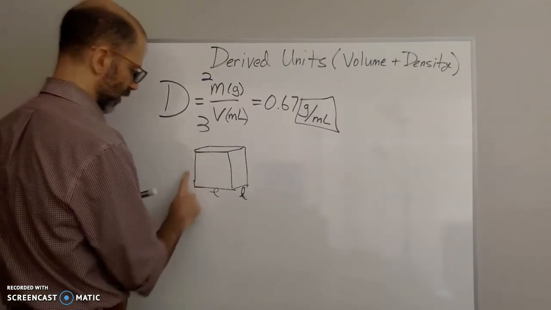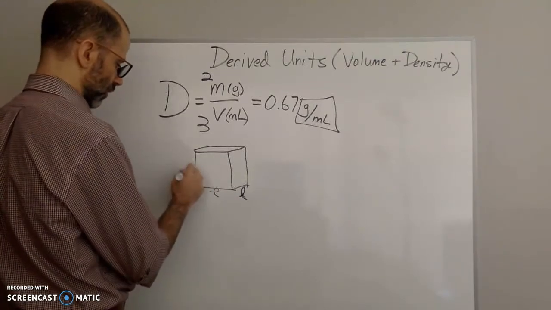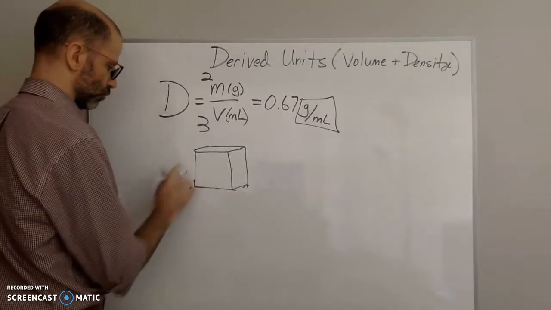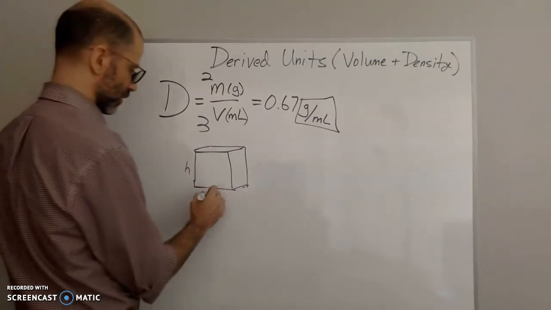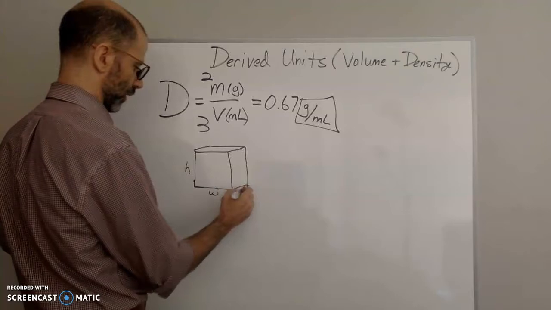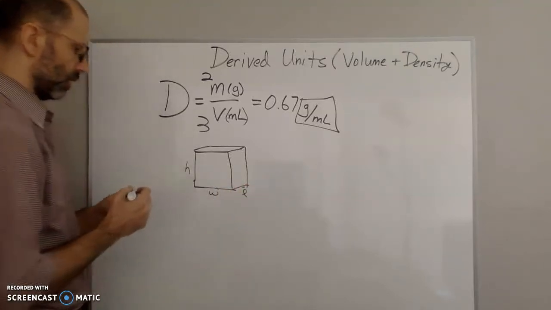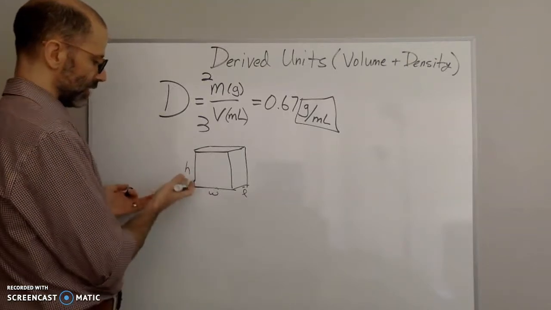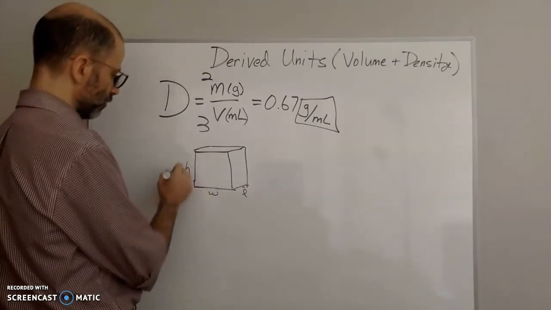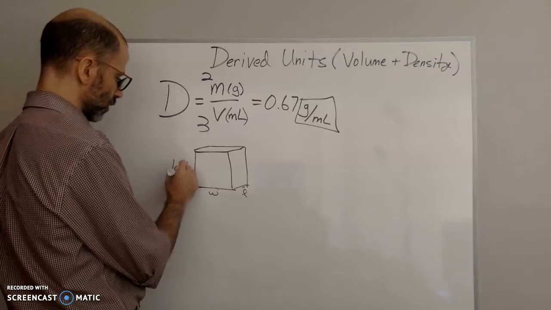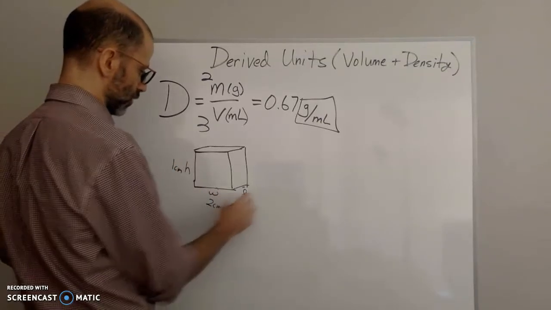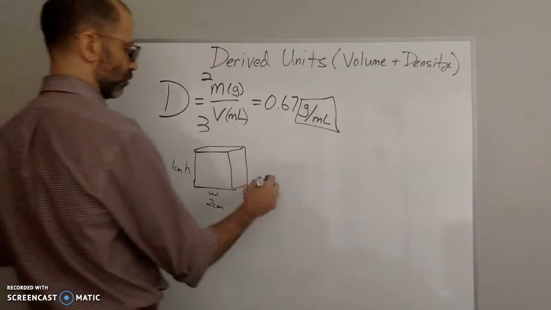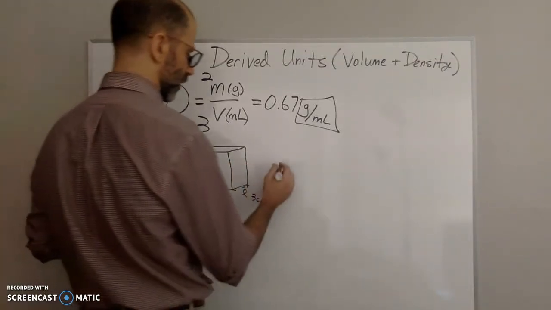So if we do that, we'll do the traditional: H for height, W for width, and L for length. So to get the volume, I have to measure these sides. So let's say it's in centimeters. So if this is 1 centimeter, this is 2 centimeters, and this is 3 centimeters, then to find the volume, I'm going to multiply height times width times length.